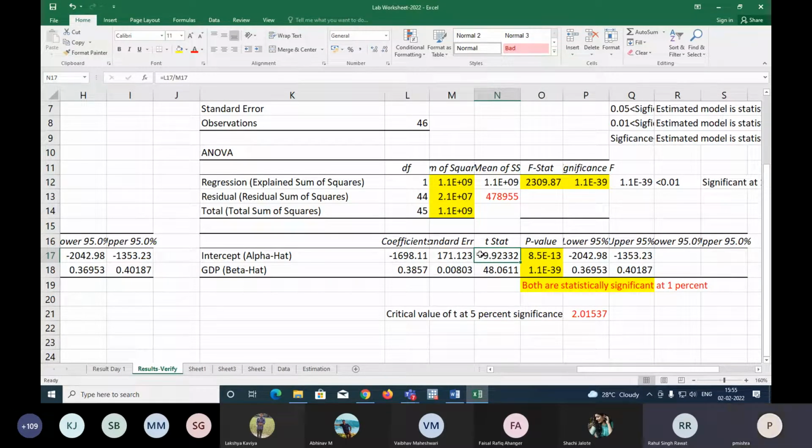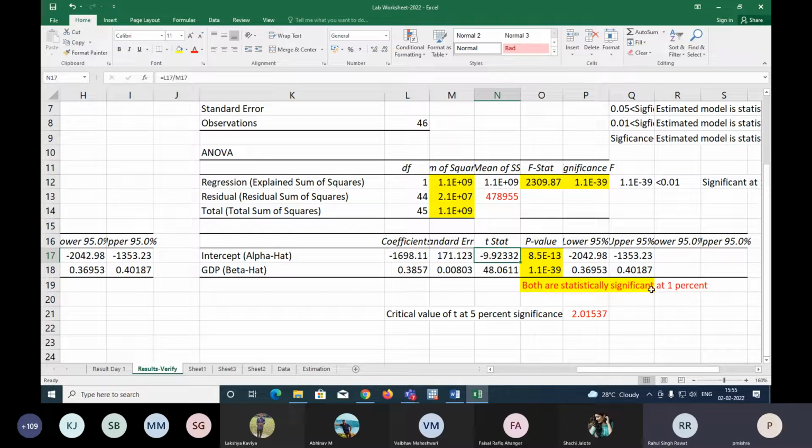It is greater than this critical t value. And when this is so, we reject the null hypothesis.